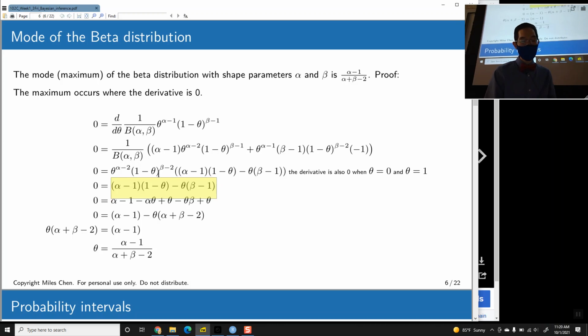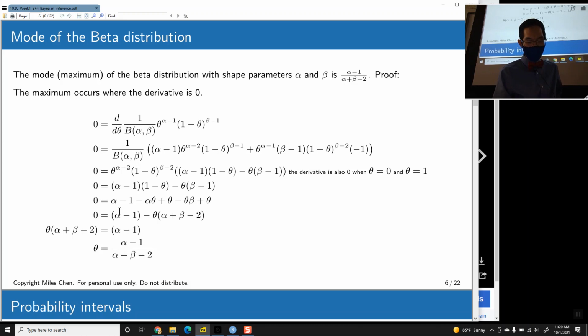So we just have to FOIL this out. We multiply everything out. We get alpha minus 1 minus alpha theta plus theta. This becomes theta times beta. This becomes a plus theta. I triple checked my work to make sure I typeset my LaTeX correctly, but there's a possibility I made a typo somewhere along here.